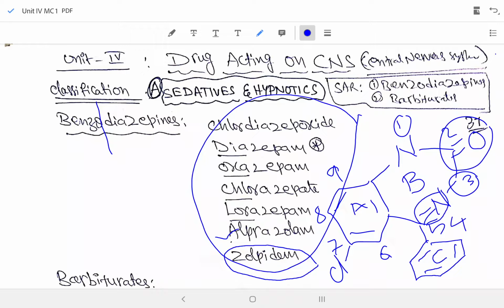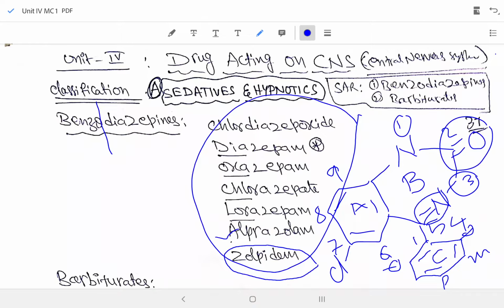Ortho means ortho, meta, para position. If electron attracting groups are attached at ortho or diortho positions, that will increase the activity. Any substitution at fourth position decreases the activity dramatically. What is the fourth position here?